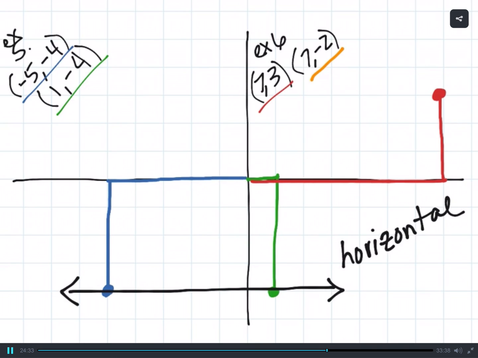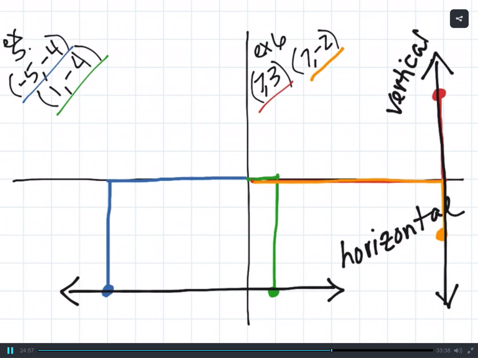Now I'm going to do my second point here, which is positive 7, negative 2, plot my point, and then if I connect these points, I can see that they make a vertical line, and so the slope will be undefined.